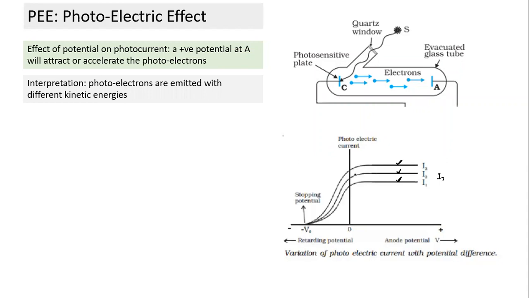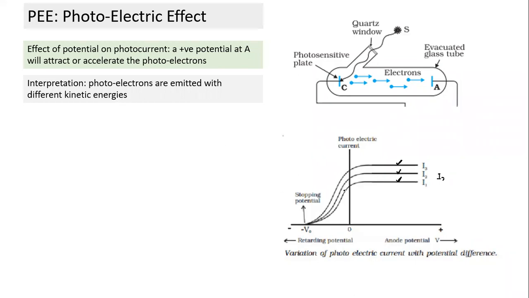If I have this observation, what conclusions can we draw, or what is the interpretation of the experimental result? This is what you can observe from the experiment, and having observed this, that's when we start making hypotheses and interpreting. Since the current varies, it is a very simple interpretation: photoelectrons are emitted with different kinetic energy.